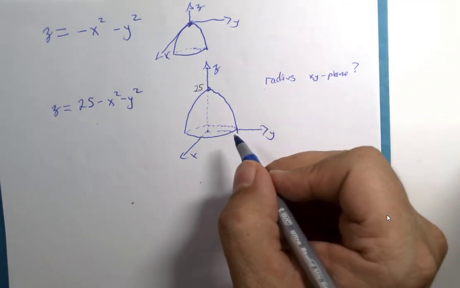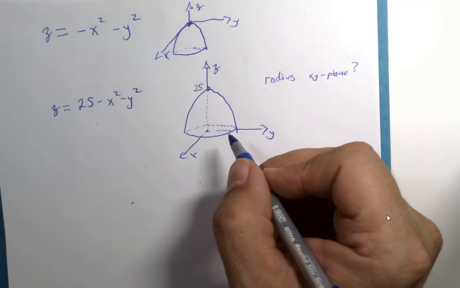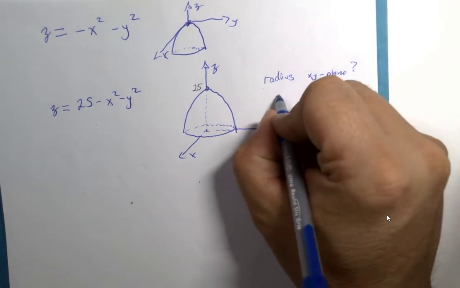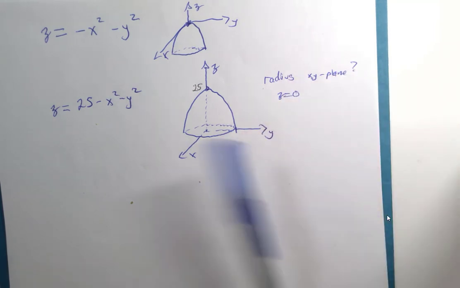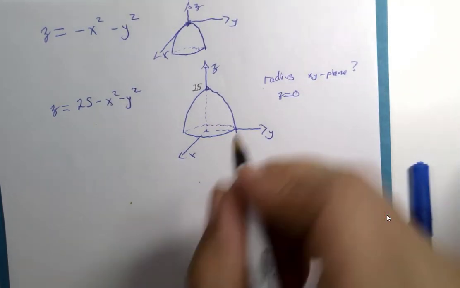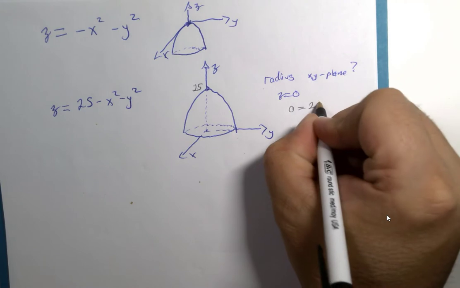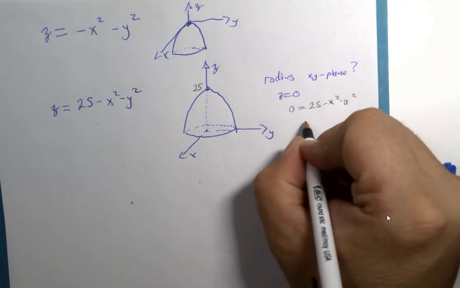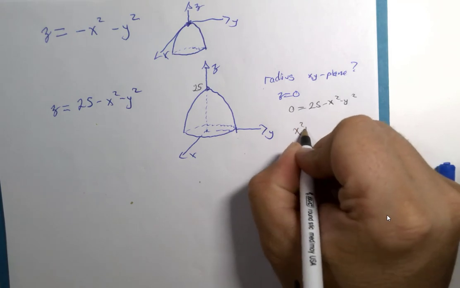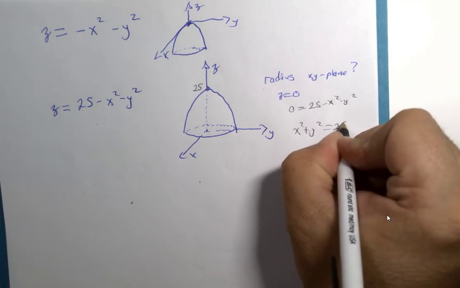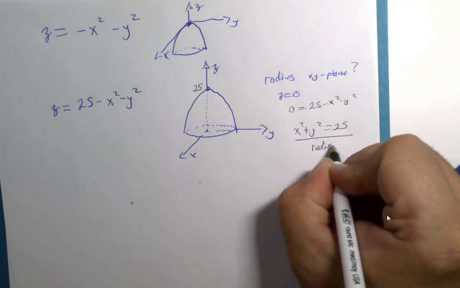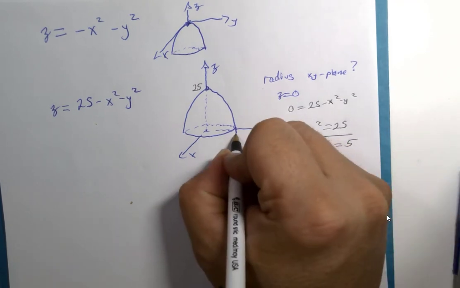Anyone want to make a guess? Well, it is 5. So if z is 0, you would rewrite this as 0 equals 25 minus x squared minus y squared. So therefore, x squared plus y squared equals 25. That's a circle. Radius is definitely 5 units.